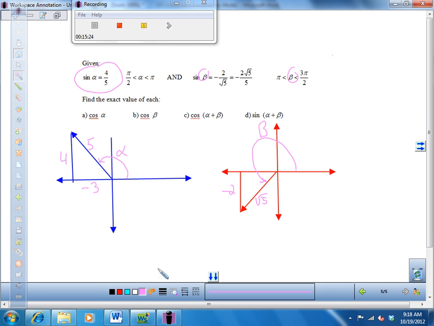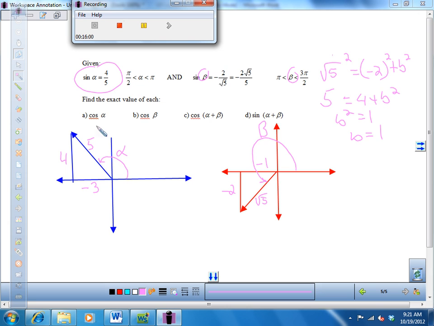Then you find this side using the Pythagorean theorem, so you have root of 5 squared equals -2 squared plus b squared. Hold on, Sam, I see your hand, let me just finish. 5 equals 4 plus b squared, so b squared equals 1, so b equals 1, except you call that -1 because it's working in the x negative direction.